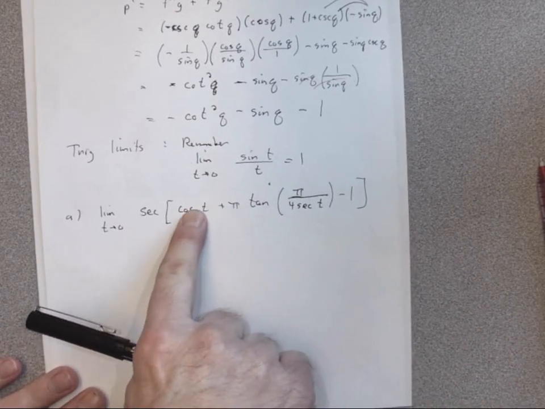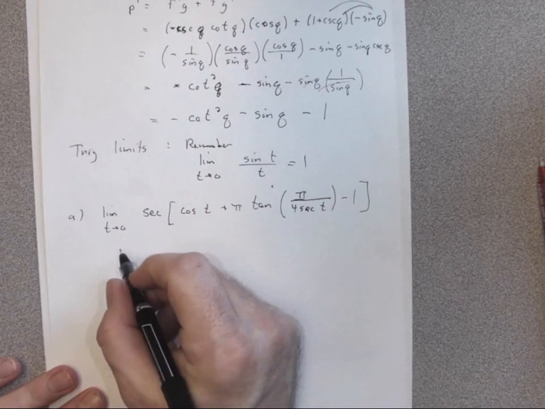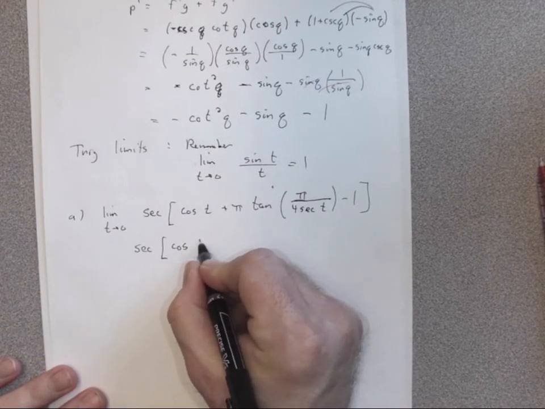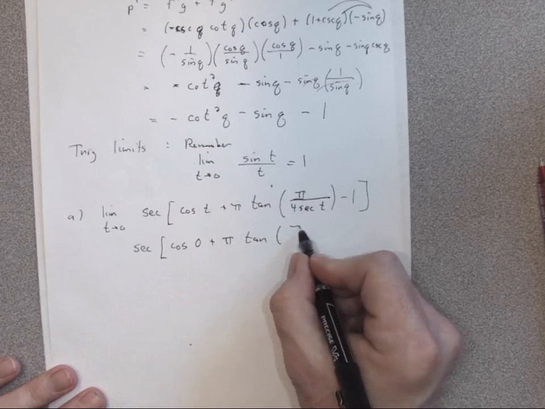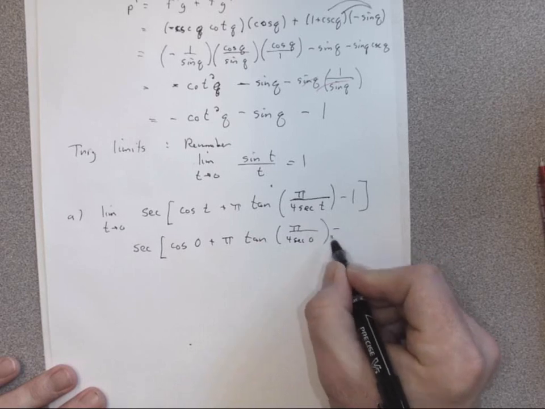This is the cosine of 0 as well, so this is equal to 1. Yeah, this is going to be all right. I think this entire function is defined at 0. Plus pi times the tangent of pi over 4 secant of 0 minus 1.